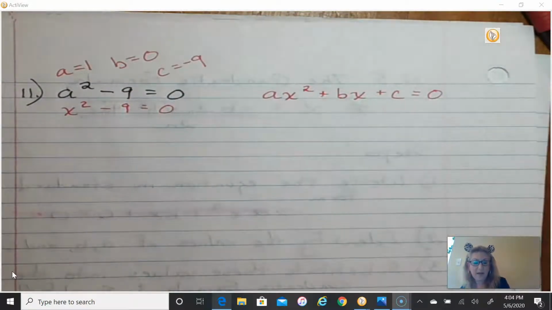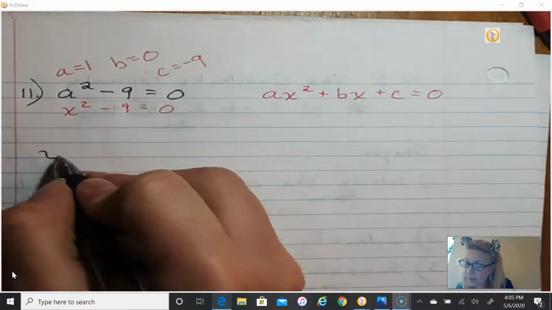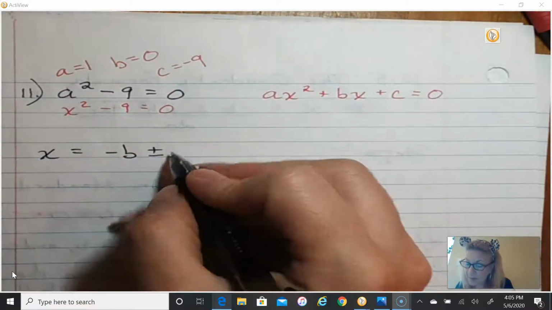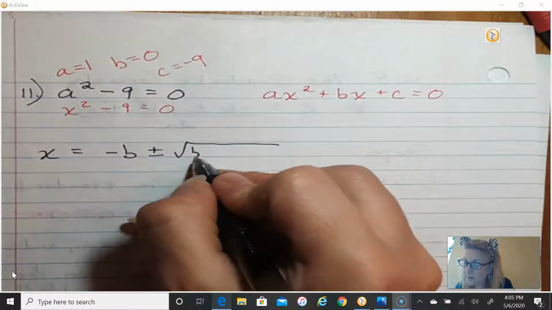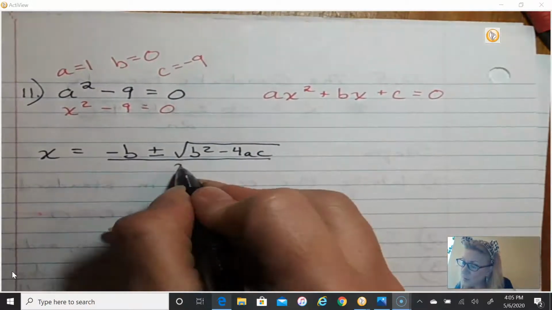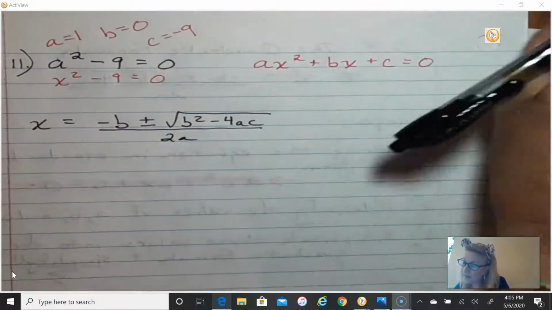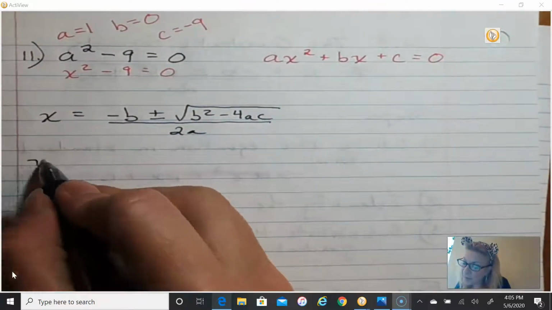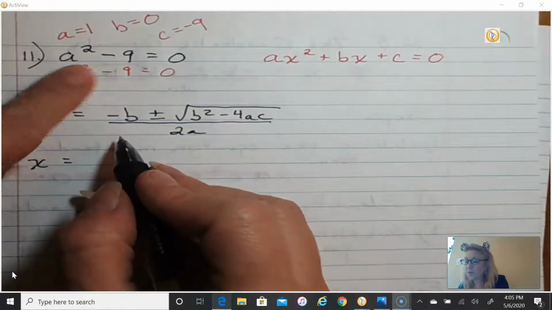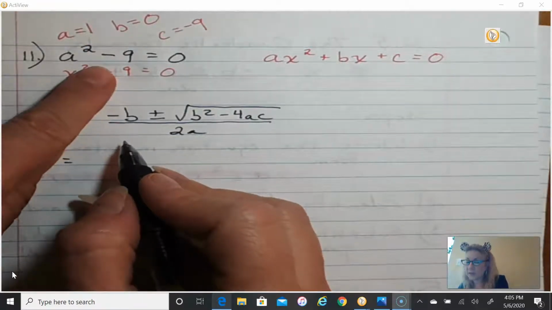Okay, so we write out the formula. Plus minus square root of b squared minus 4ac all over 2a. You gotta know the song. All right, so let's start plugging it in. What is our b? Our b is 0 because it wasn't included in that equation.